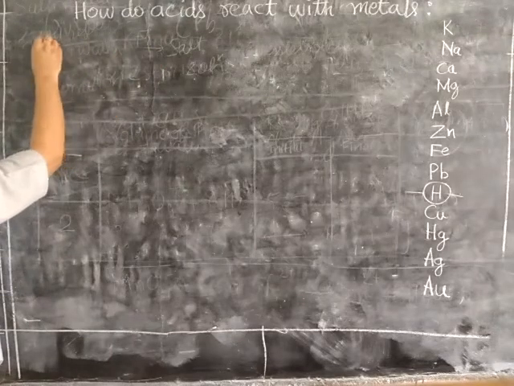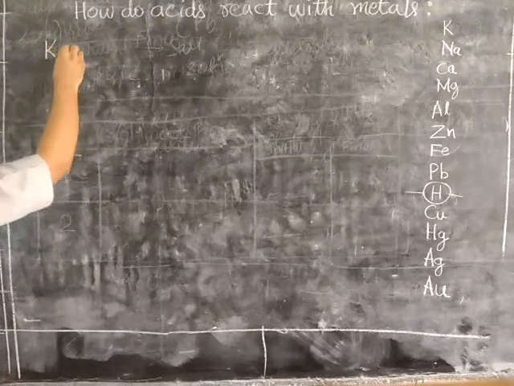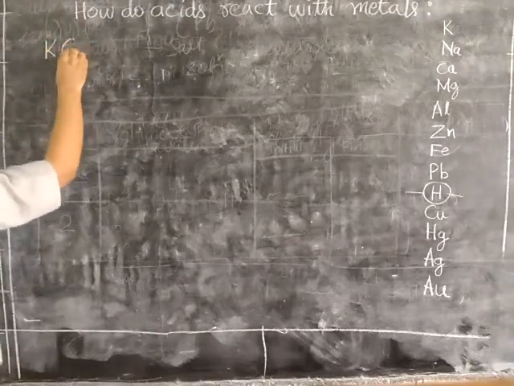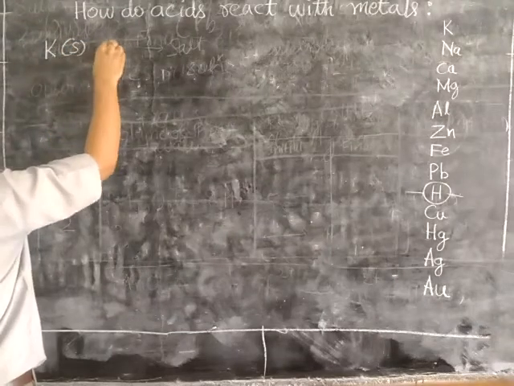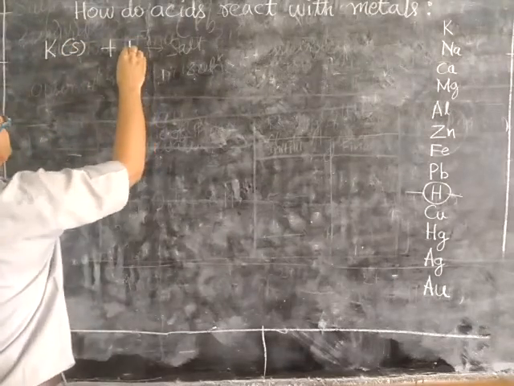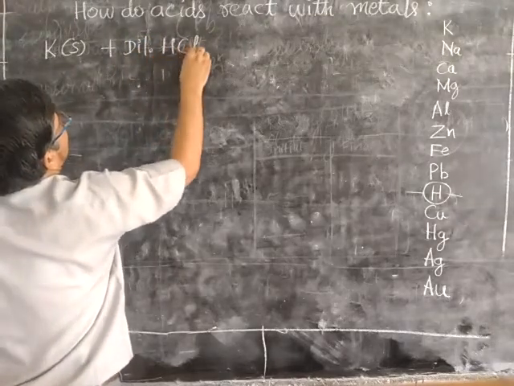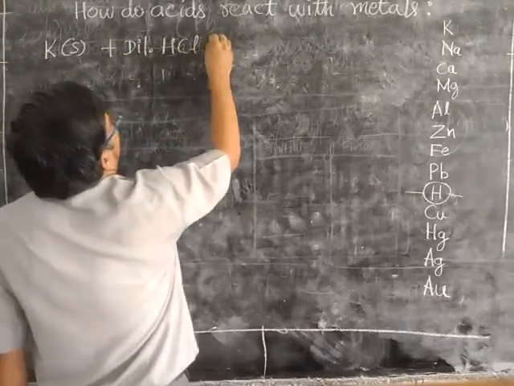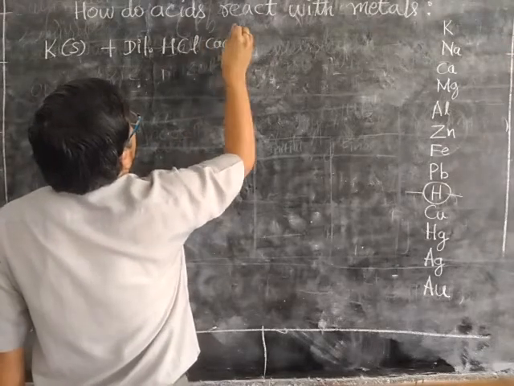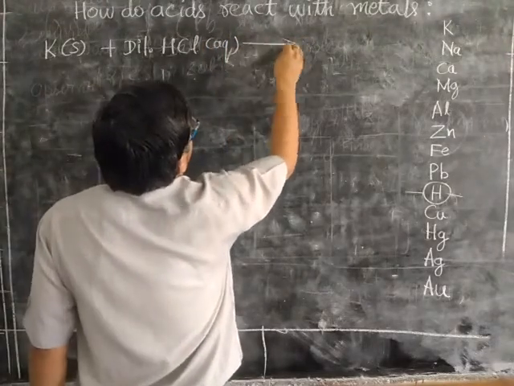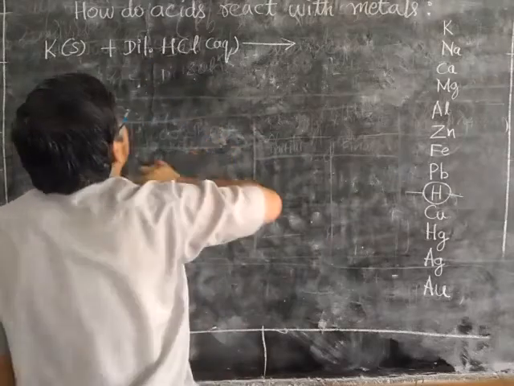Let's start with potassium, highly reactive. We are using potassium, let's say its physical state is solid, reacting with dilute hydrochloric acid, HCl, which is aqueous.